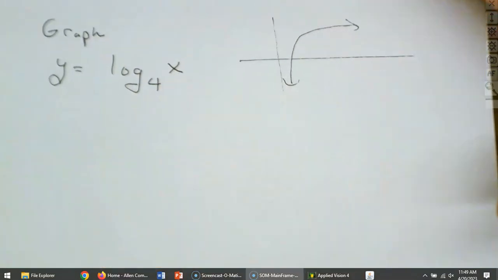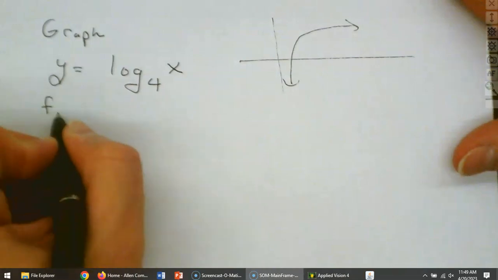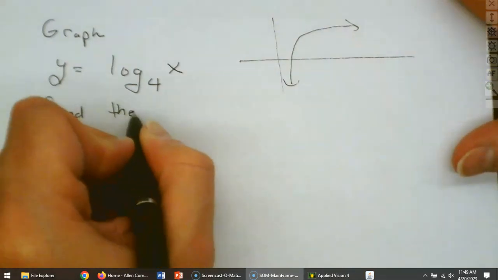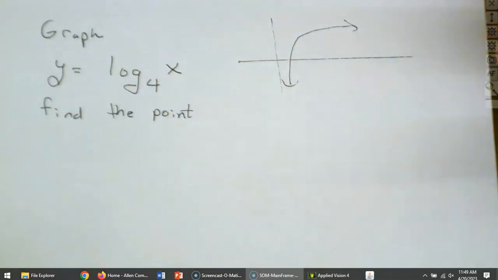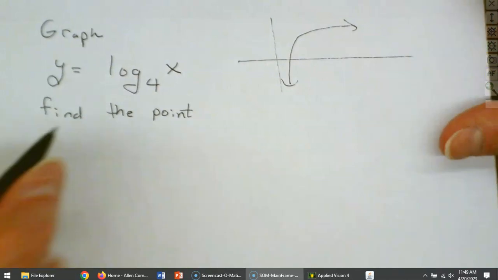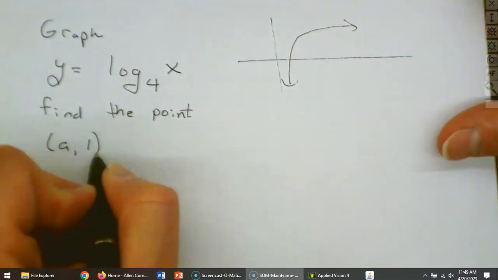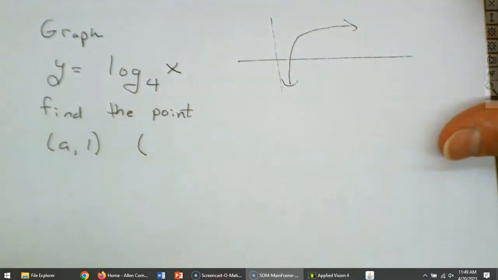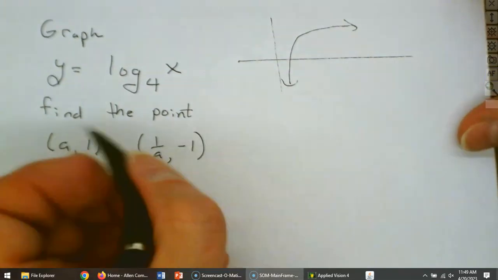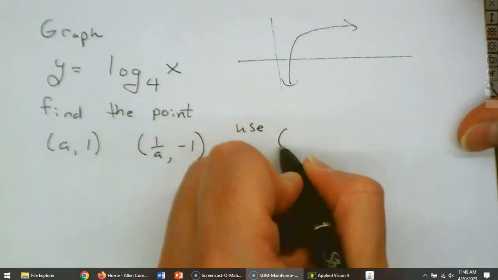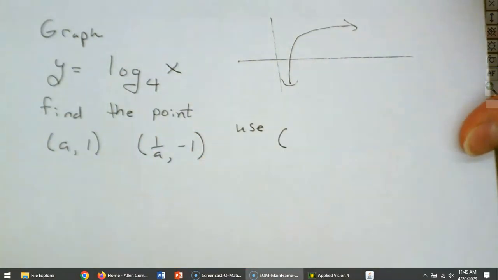Now we always need to find the following points. We need a comma 1. We need 1 over a comma minus 1. And you always use the point 1, 0. It's the opposite of the exponential. And when we connect them together, it's going to make a graph like that.